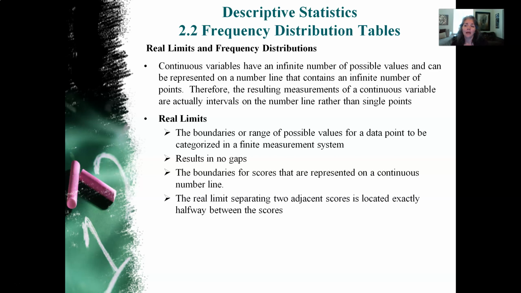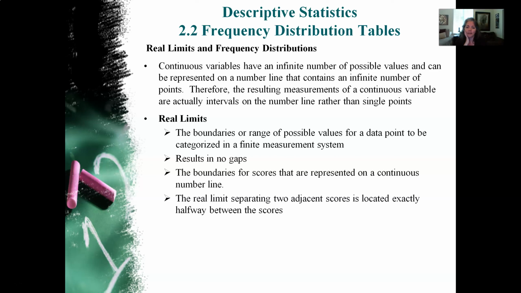If we have a pie, we can cut it into 3 pieces, 6 pieces, 9 pieces, 10 pieces, so we can continue to cut it down. And remember, we use histograms with continuous variables, and those bars are touching, representing the fact that there's really no gaps in between them. They can be broken down into smaller pieces.